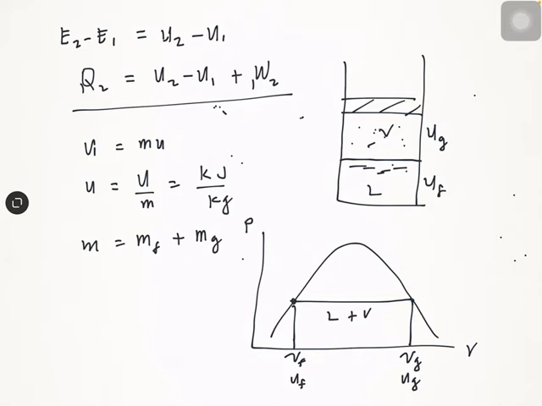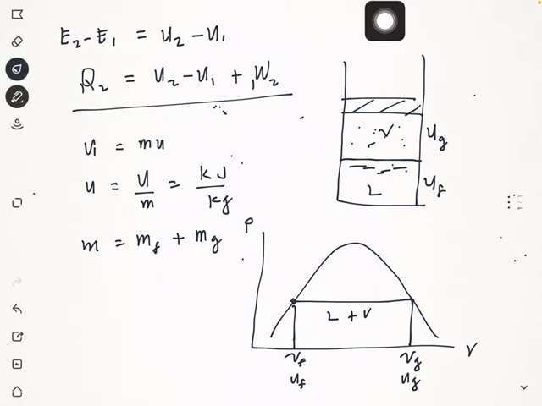Same as the specific volume, as we recall, v is equal to vf plus x vfg.